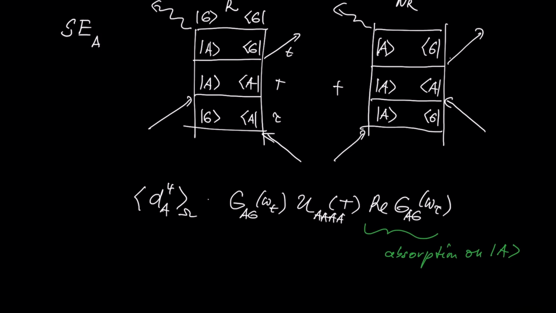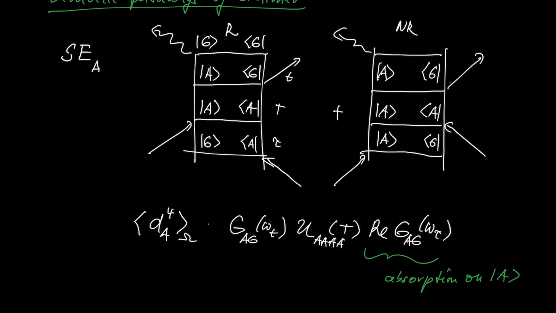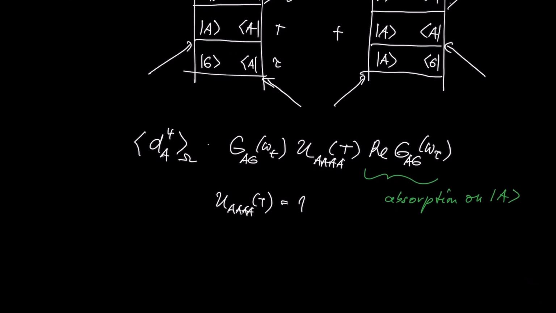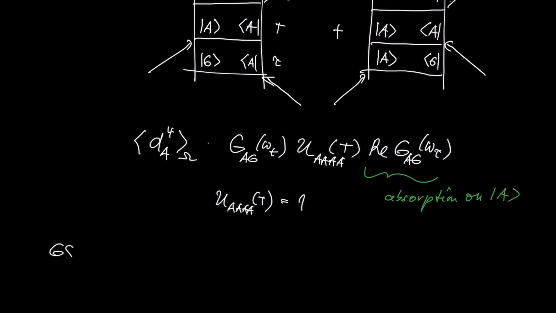So here is a dot, there is a multiplicative factor. So this is how the stimulated emission on the acceptor contributes. We can also say that because the acceptor is not going to de-excite in any way, UAA is equal to 1.